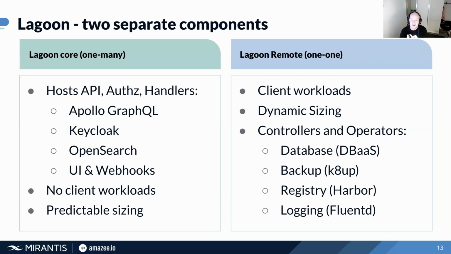It is possible to deploy a Lagoon remote and Lagoon core into the same Kubernetes cluster, and a lot of the smaller install bases do just that thing. But for a large customer, Amazee.io is an example, we host a number of Lagoon cores, but each Lagoon core will power, in our largest case, upwards of 30 remotes.